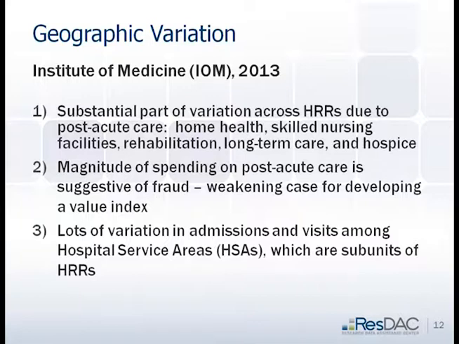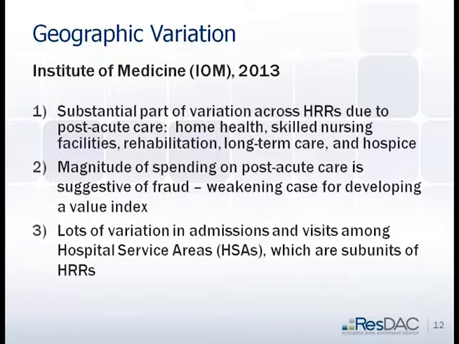The panel did find that there's a lot of variation across health referral regions, mostly because of post-acute care, so I'm not surprised to hear people focusing on post-acute care in this room. And the magnitude, again, I'm going to pick on Florida for post-acute care. It's suggestive of fraud, so that really weakens the case for developing a value index if what we see is indicative of fraud.